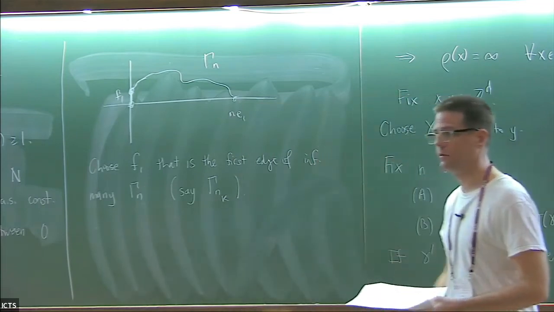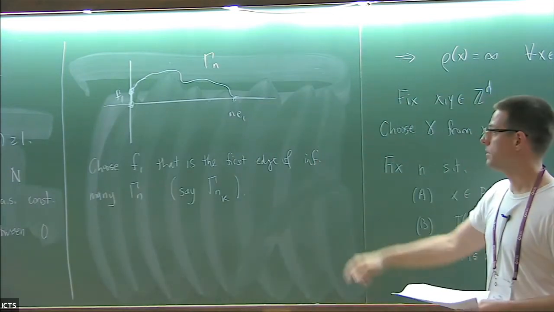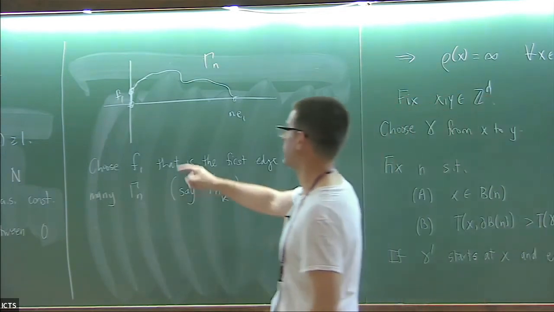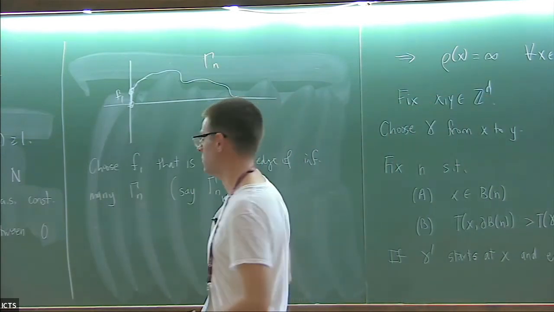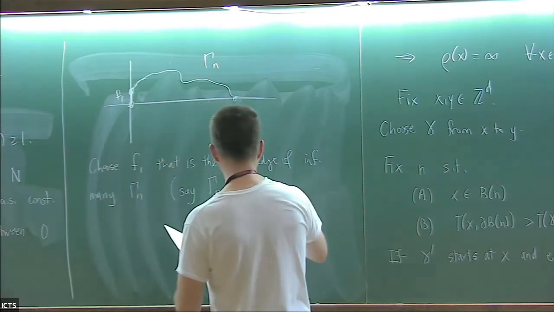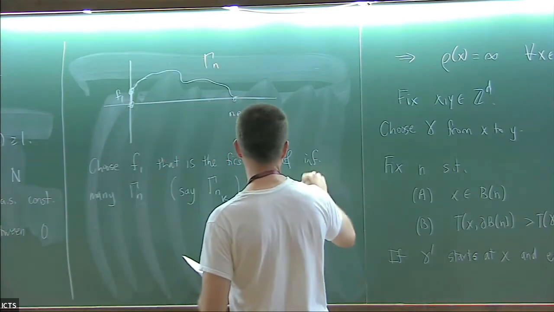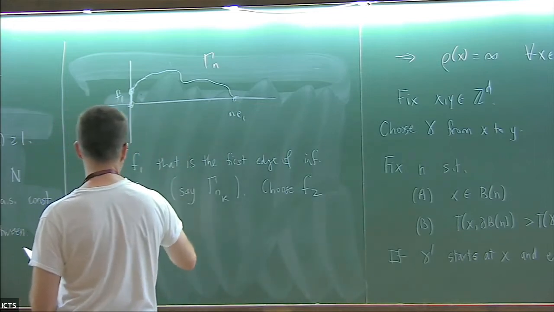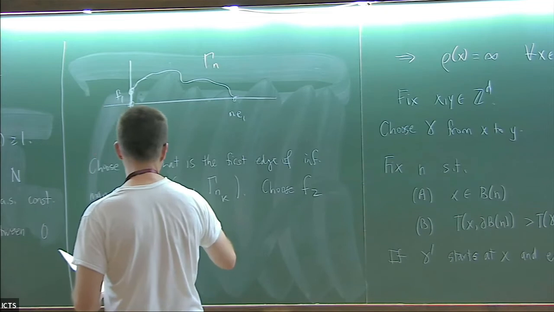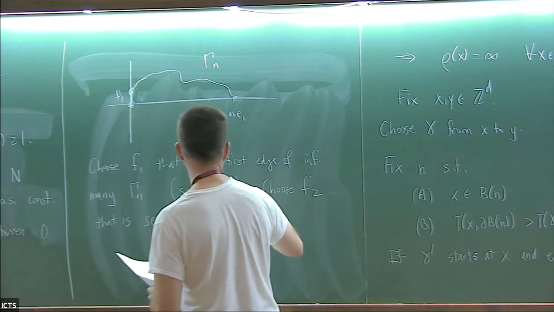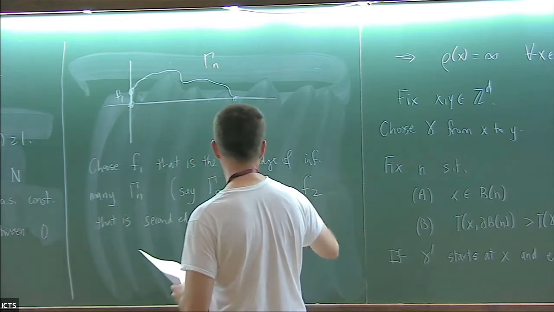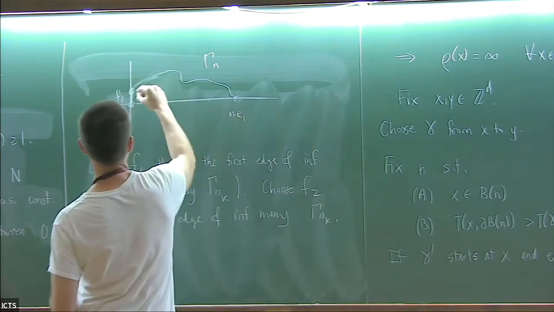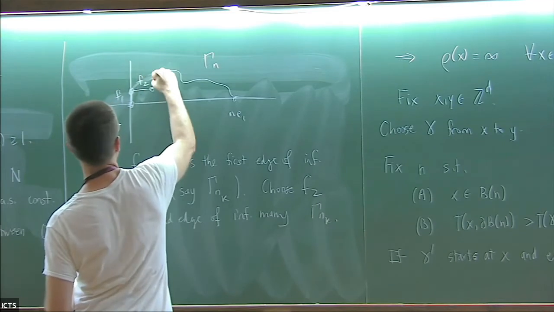Now look at the sequence gamma_{n_k}. They all take the edge F1 first. They have to take a second edge. It has to be one of the edges coming out of the second endpoint of F1. So then we can choose F2, that is the second edge of infinitely many of the gamma_{n_k}. And maybe that one goes to the right. I don't know. There's F2, and so on.